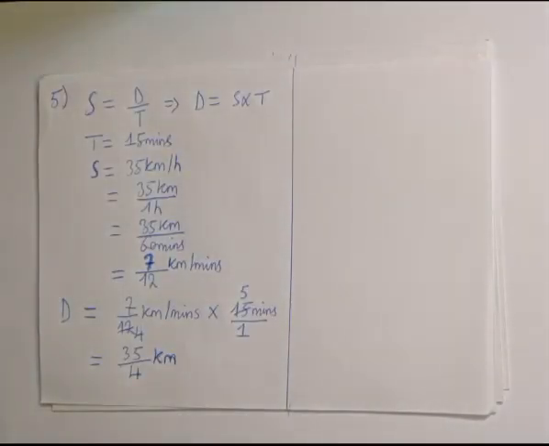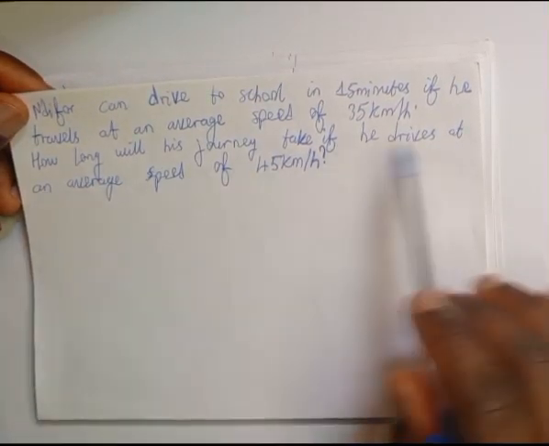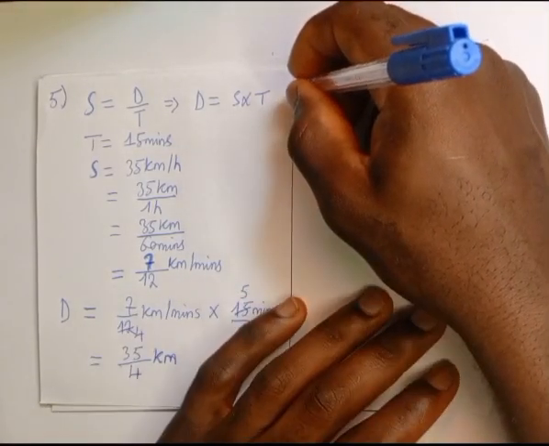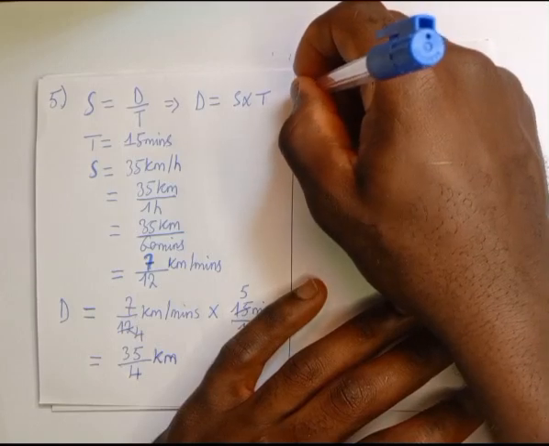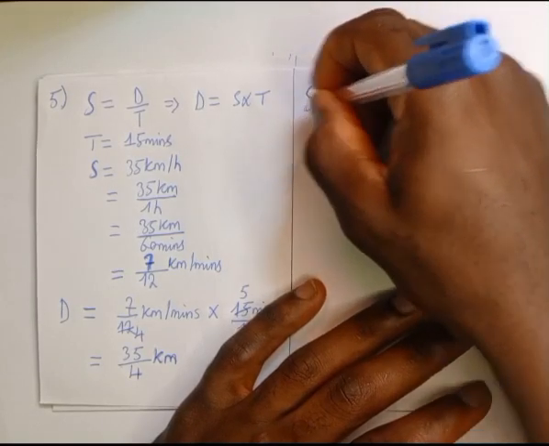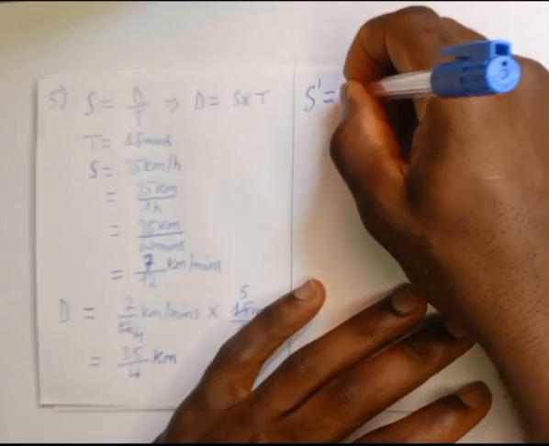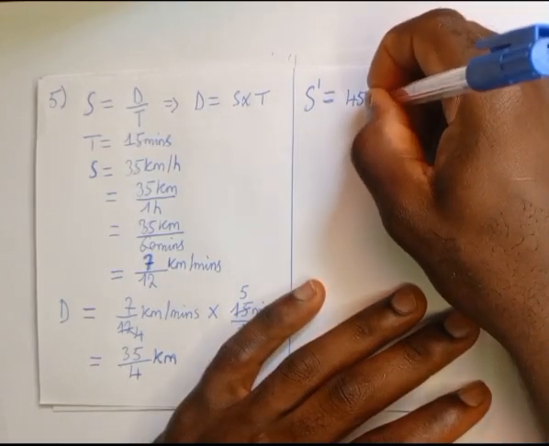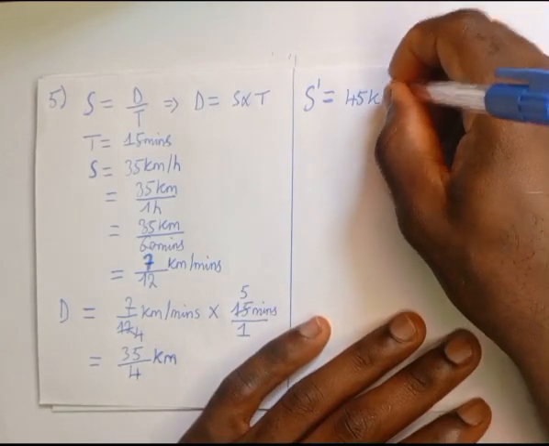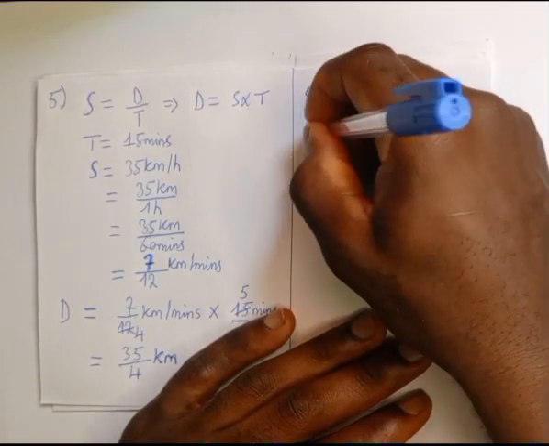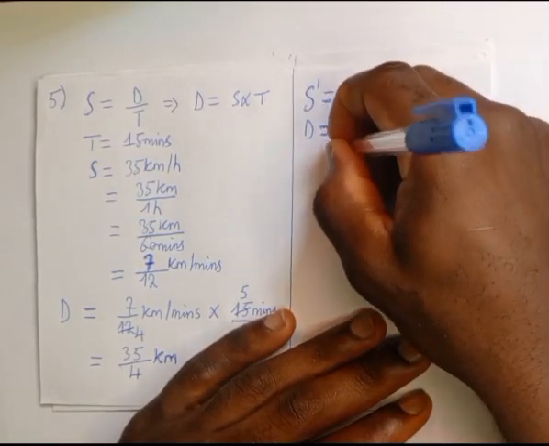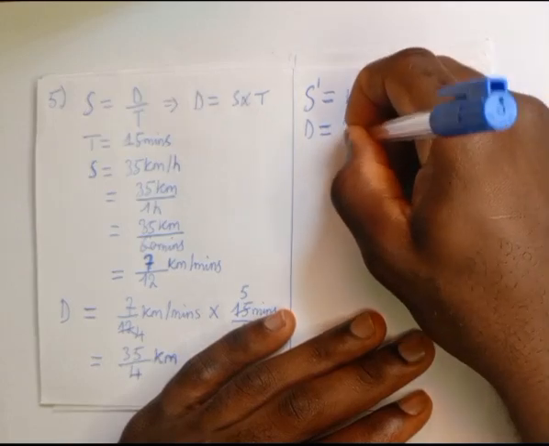Now we are required to find how long his journey will take if he drives at an average speed of 45 kilometers per hour. Now let's assume he makes use of a speed, in this case we are going to denote this speed by s prime, an average speed of 45 kilometers per hour. Now the distance from his home to school is 35 over 4 kilometers.